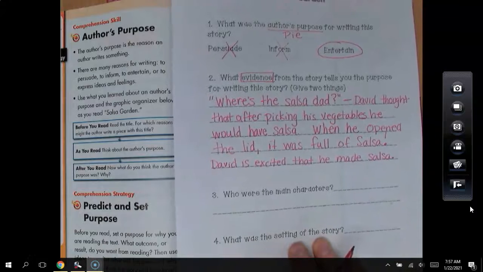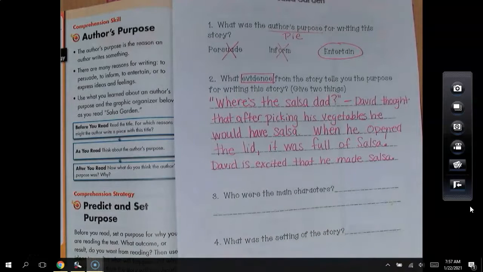So go ahead and write those two things down, boys and girls. Now, like I said before, there's other things in that story that you could have chosen, which is perfectly fine. But you have to be able to tell why. Why did you choose that specific wording from the story? Okay, so evidence from the story on why it's entertaining.